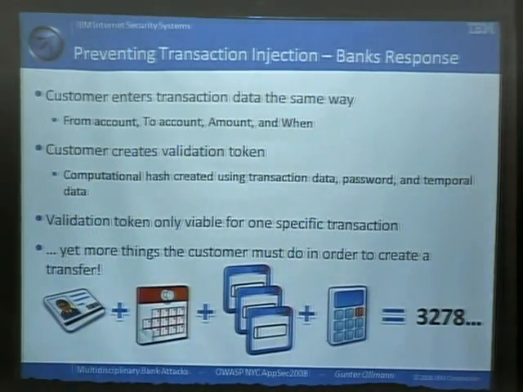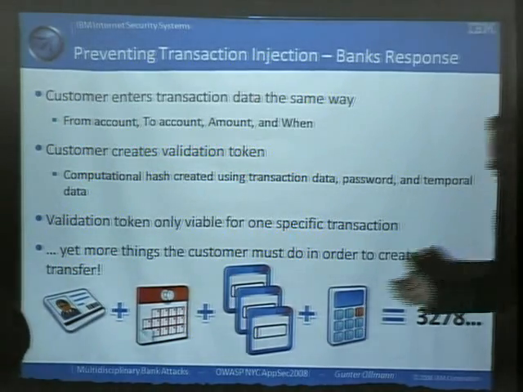So what's the bank's response? Where is the cutting edge of banking technology to protect against these things today? The customer has to enter the same sort of data about the transaction, but now we're going to create a token for that transaction, and we're going to make that token based on a physical piece of data.